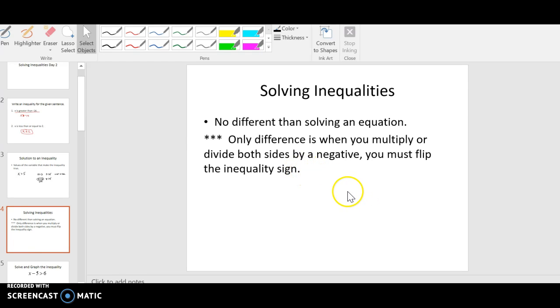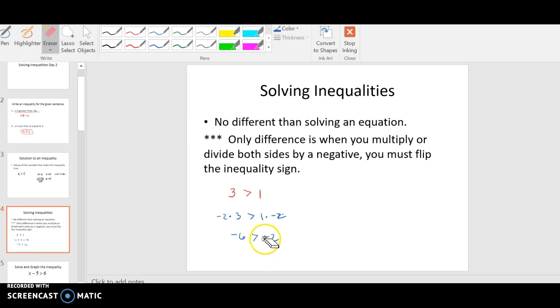Now, solving inequalities is no different than solving an equation. The only difference is when you multiply or divide both sides by a negative, you must flip the inequality sign. For example, is 3 greater than 1? Yes, it is. But if I multiply both sides by negative 2, I end up with negative 6 greater than negative 2.